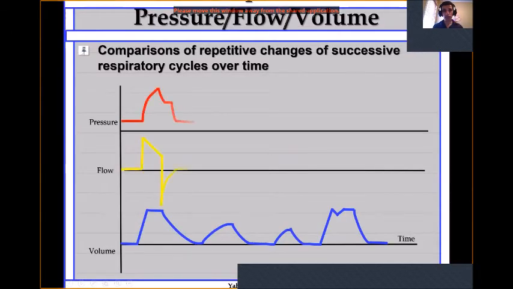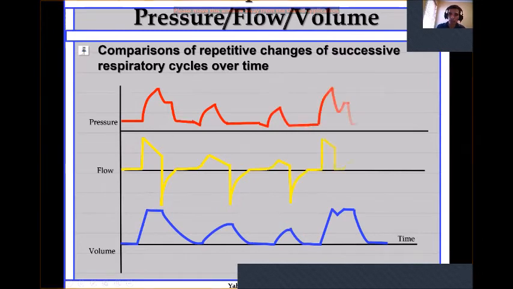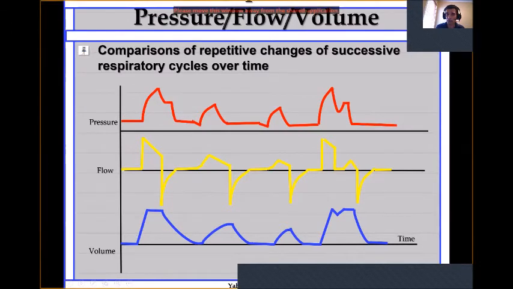If you combine the 3 of them and look at them at the same time, you have the pressure graphics, the flow graphics, and the volume graphics. You compare parameters in different respiratory cycles with time, and you can see that there are different shapes.